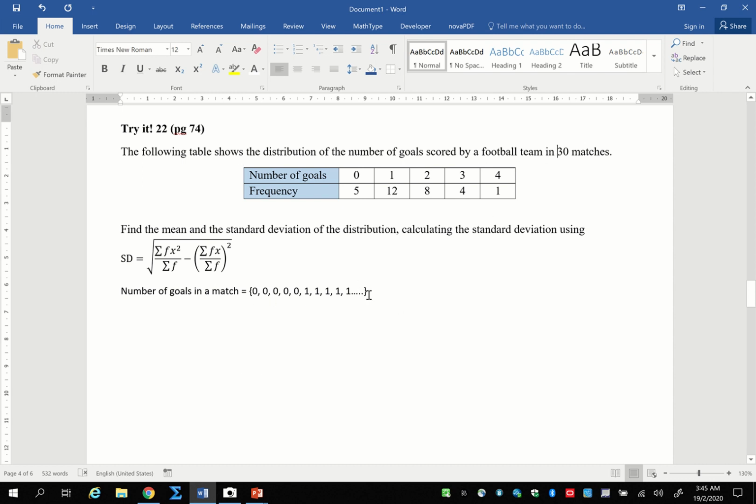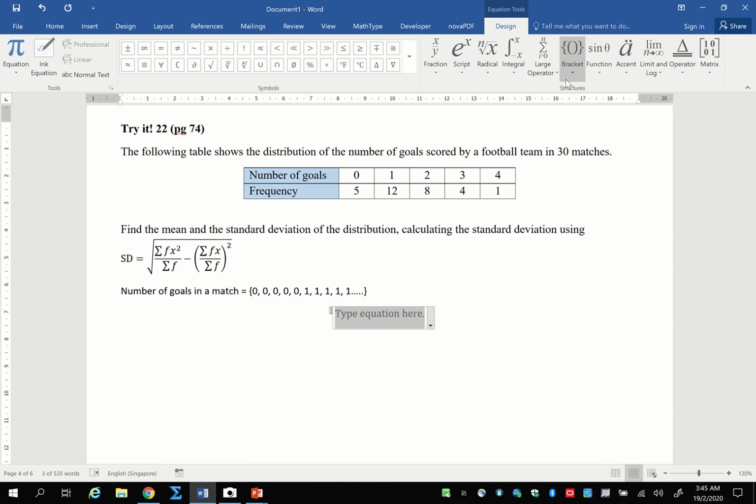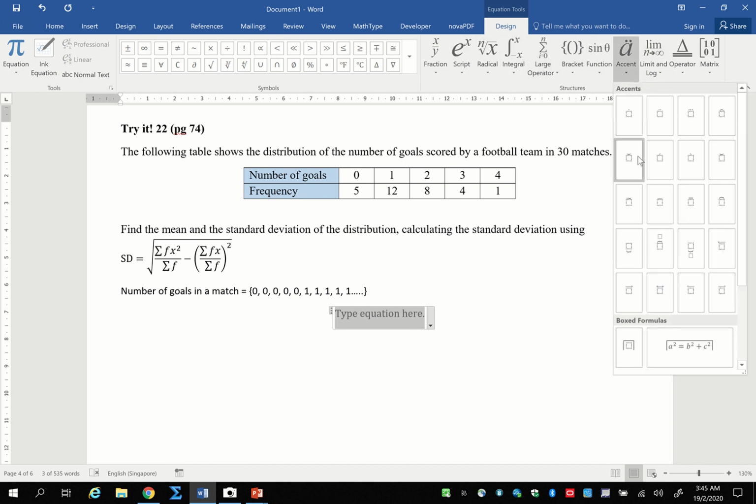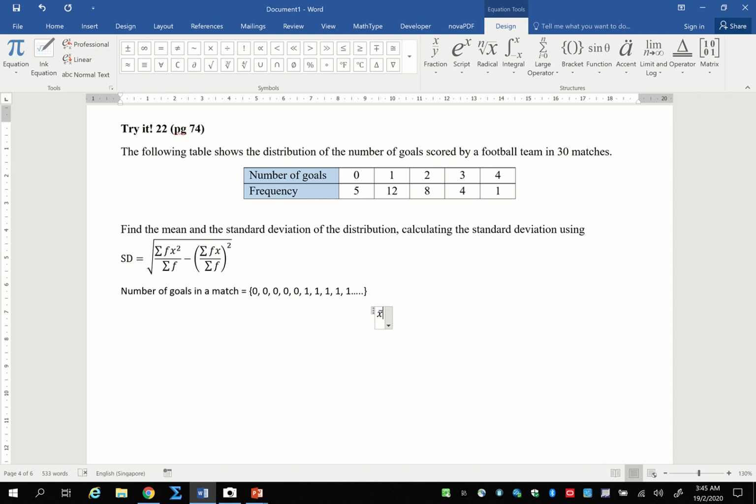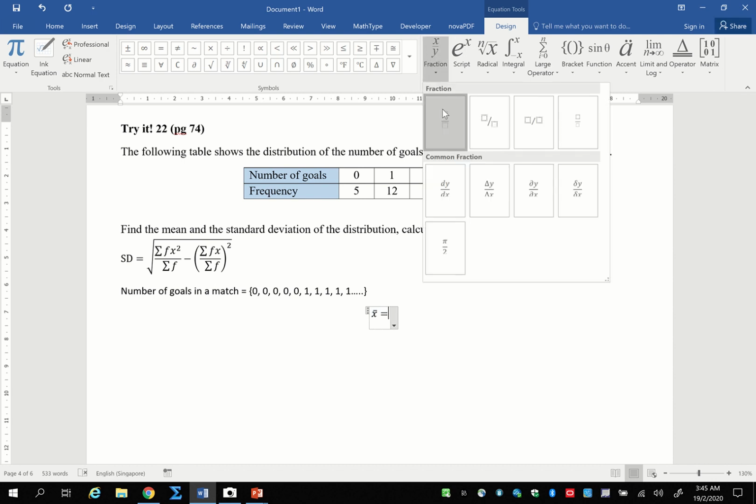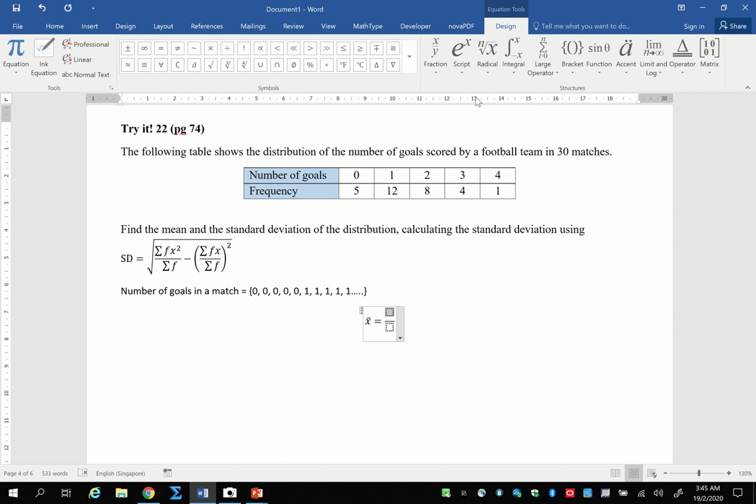But there is a shorter way to do this. If I want to find the mean of this, I can go the long way. I can put 0 plus 0 plus 0 plus 0 plus 0, five times, then 1 plus 1 plus 1, and so on.